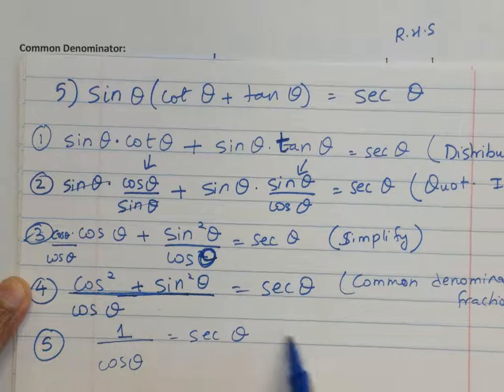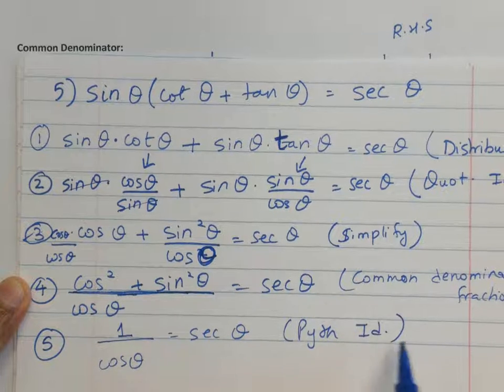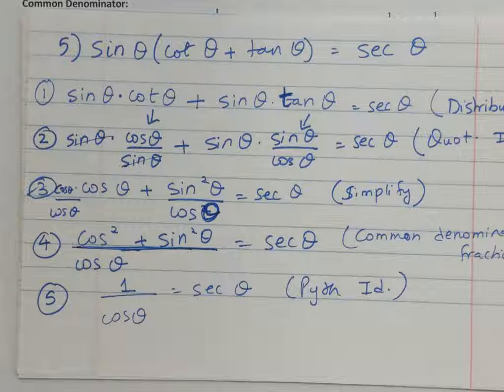So this one I did Pythagorean ID. So this one is a little long, but we're almost there. Step 6 should give you the answer. Can we all finish step 6 and give the reason?